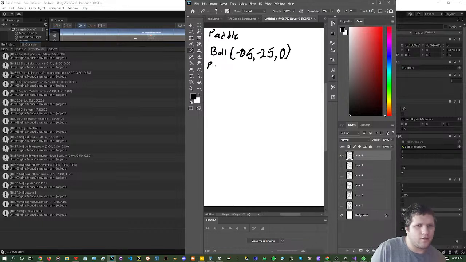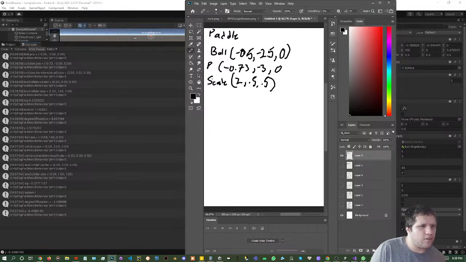We have the paddle at -0.73, -3, and 0. We have the scale at 2.5.5.